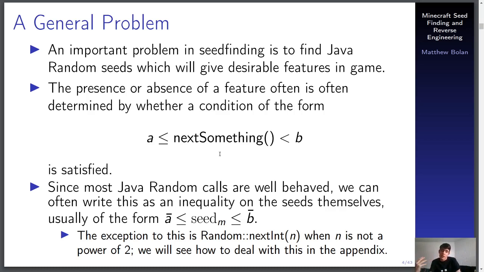Because of what I said earlier about close seeds mapping to close outputs, if we have an inequality that a is less than or equal to the output is less than b, we can find some a bar and b bar such that a bar is less than or equal to the actual seed that call used to generate its number, is less than or equal to b bar, excuse me.